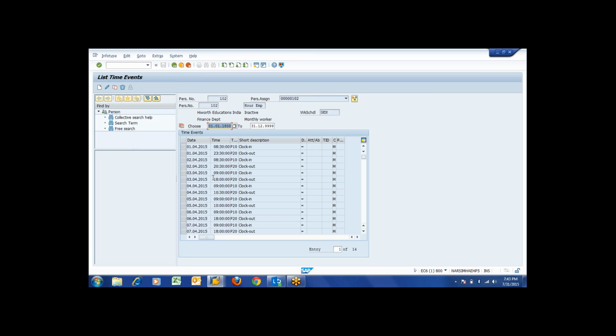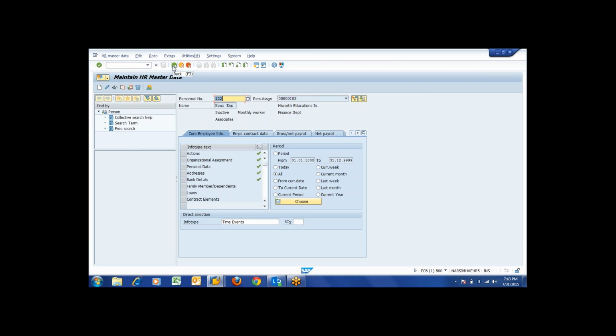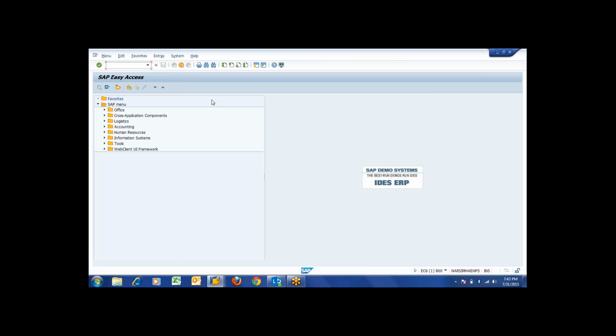Let us say the 3rd is a public holiday as per my public holiday calendar, and on some days he worked on weekends also. Here we capture his actual work times through positive time evaluation, which we have already done in the previous sessions. So I am explaining the payroll part.